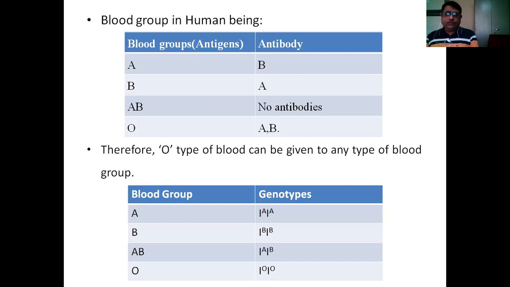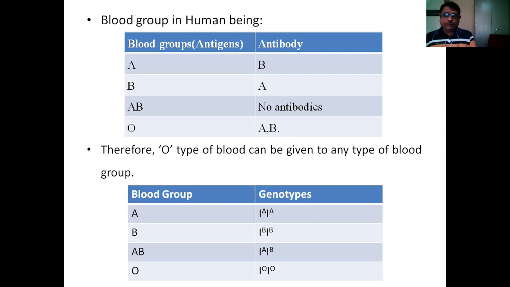The individual who has AB blood group will not have any antibodies. Similarly, the individual with O blood group will have both the antibodies, A and B. Therefore, the individual with AB can receive blood from any individual, because he doesn't have any antibodies in his serum.